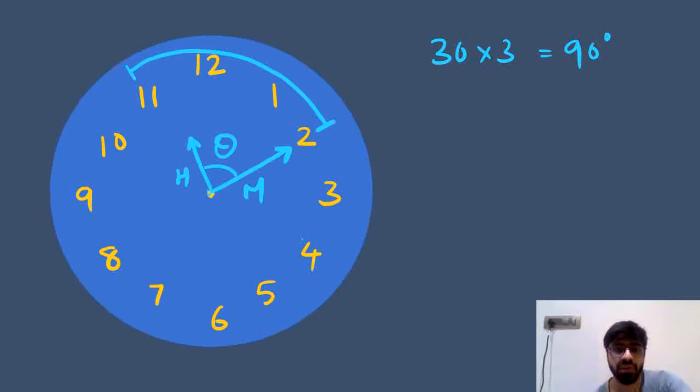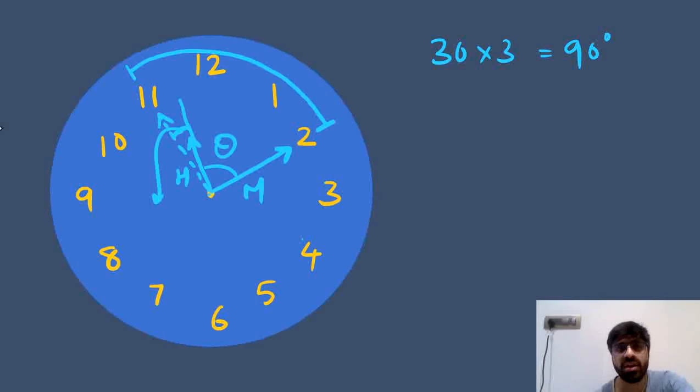But the hour hand was not pointing exactly at 11. It was slightly beyond 11. So we need to find the measure of this angle also. The measure of this angle will be subtracted from 90, and that is what will represent theta, that is the angle between hour hand and minute hand in this particular case.